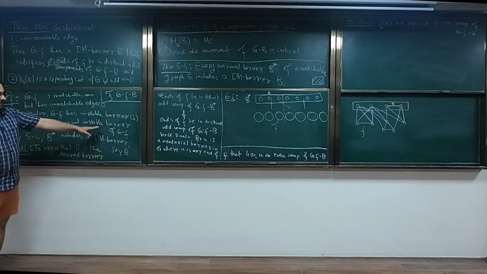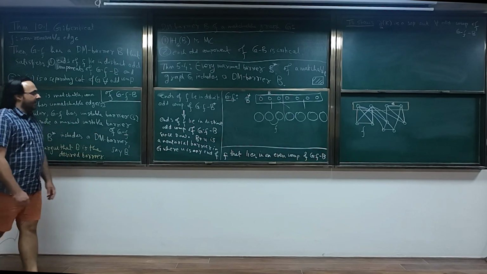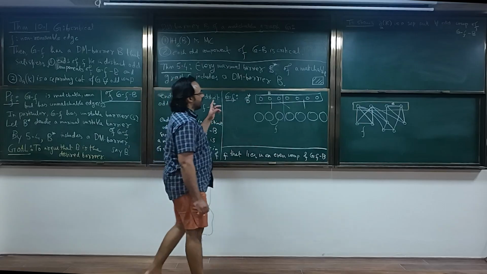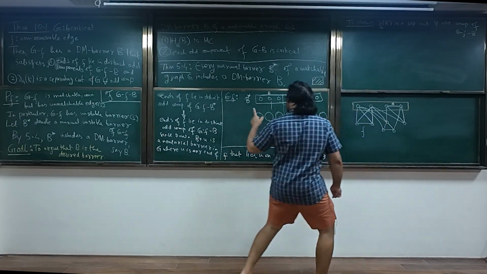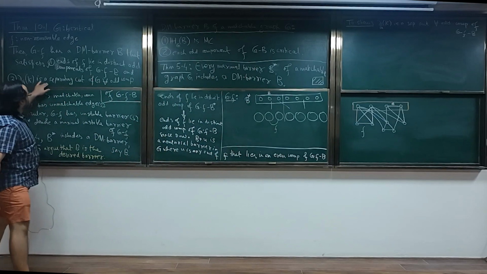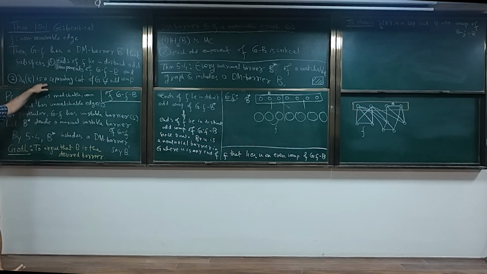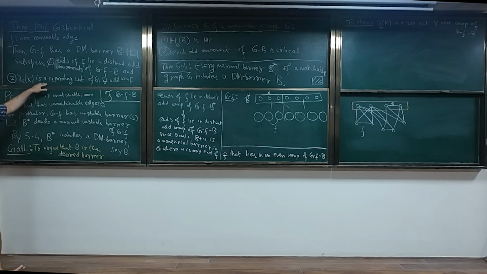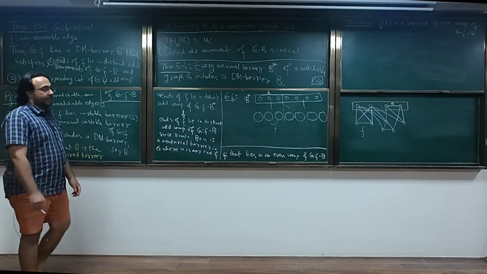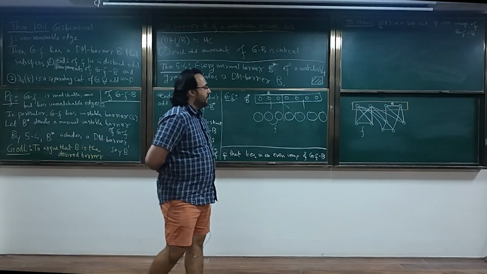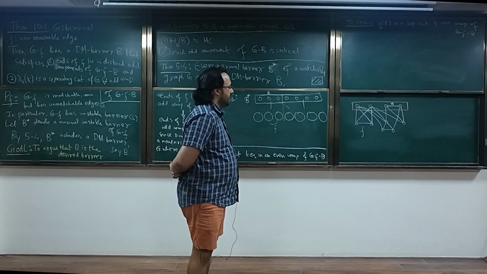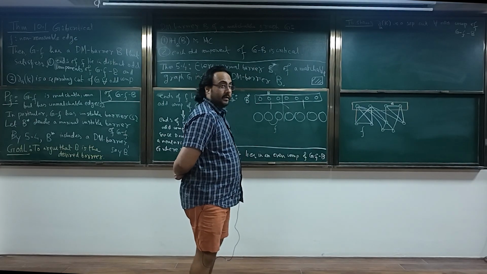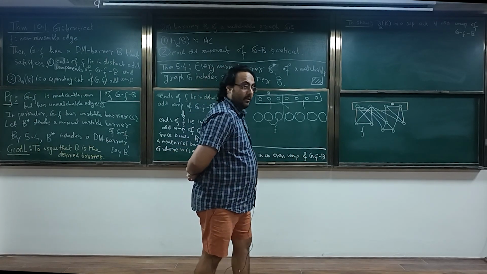We picked a maximal unstable barrier, and what we will do is we will see that there is an odd component that doesn't satisfy the second property. There is an odd component that is not the shore of a separating cut. This is after deleting F, right?